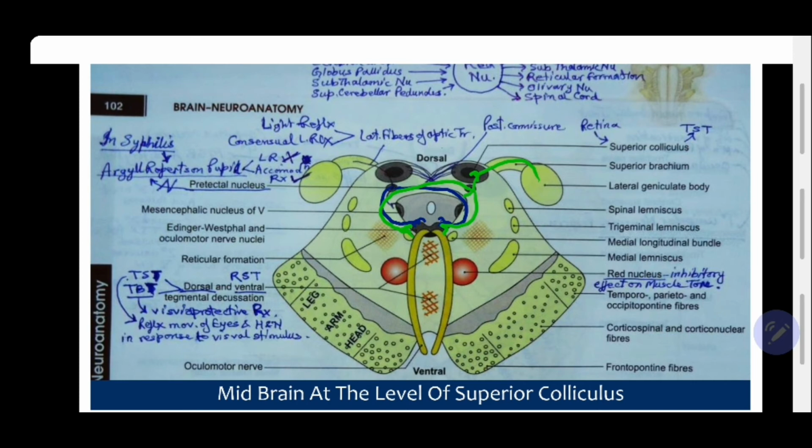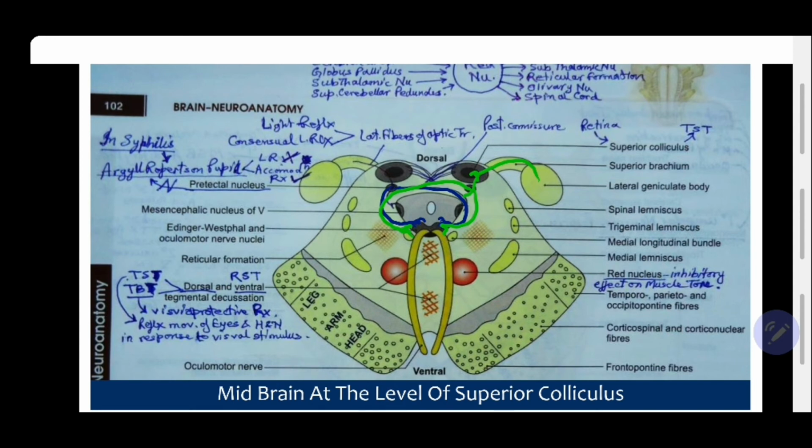Then the postganglionic parasympathetic fibers pass out through the short ciliary nerves. That was about the sympathetic pathway. Look here. Then these fibers reach to supply the constrictor pupillae and the ciliaris muscle for accommodation.